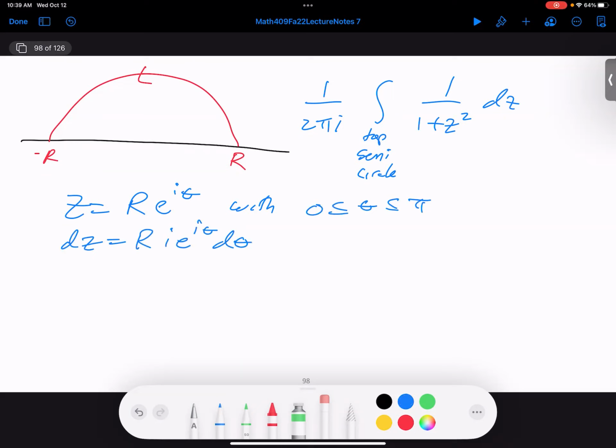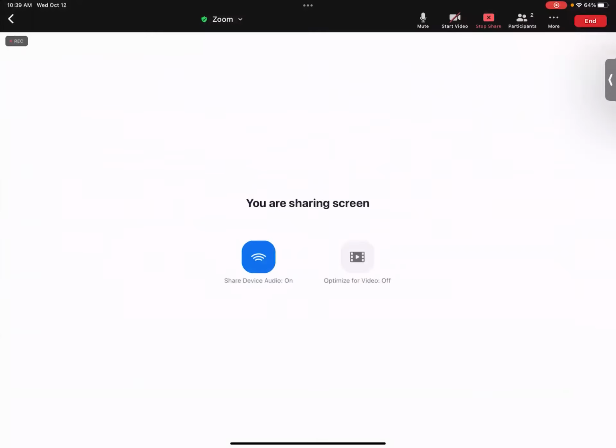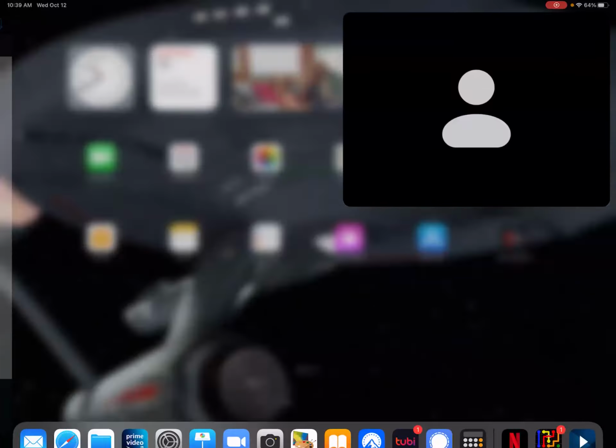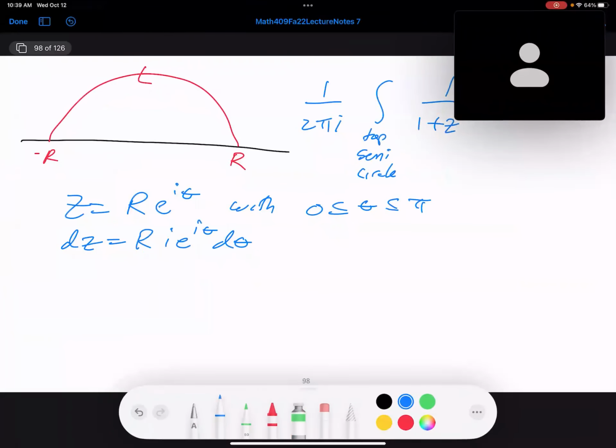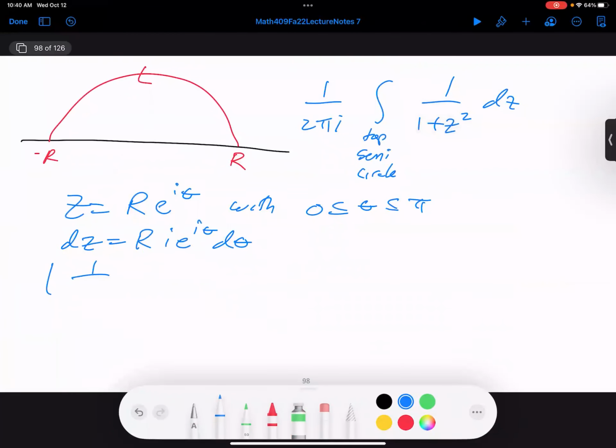Now what about 1 over 1 plus z squared? What is the largest 1 over 1 plus z squared can be? Can somebody tell me how large z is on the top of this semicircle?